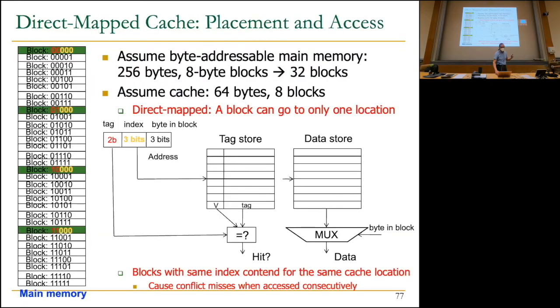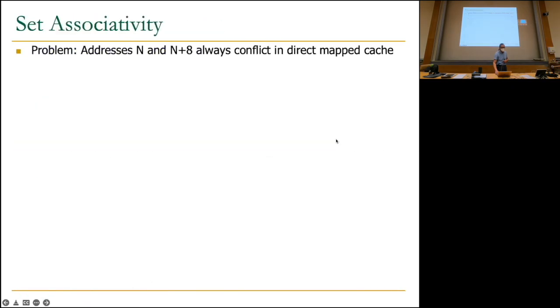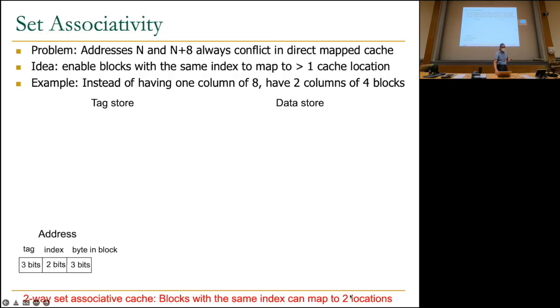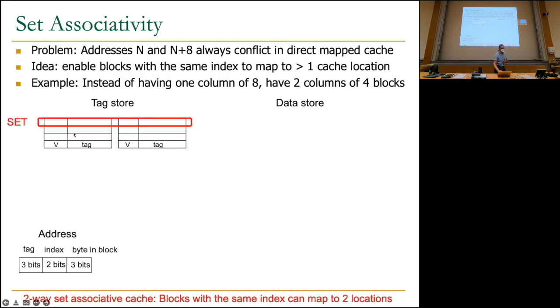So if you look at the cache over here, you have 1 column of 8 blocks, right? Tag and data store are both logically equivalent to each other in the sense that they refer to the same block. But 1 column of 8, why not have 2 columns of 4? Meaning in each index, have some flexibility so that you can have 2 possible locations to place a block into. So this is how our tag store and data store are going to look. This is what I mean by 2 columns of 4.